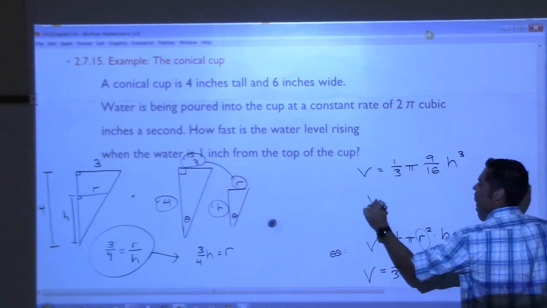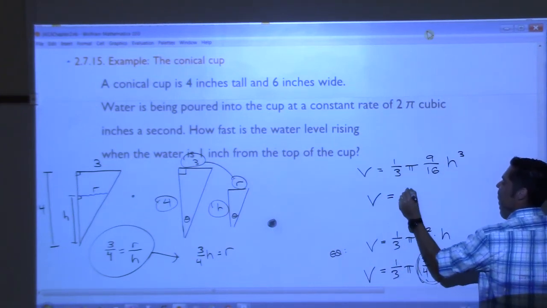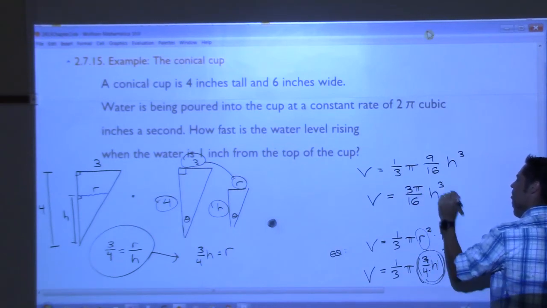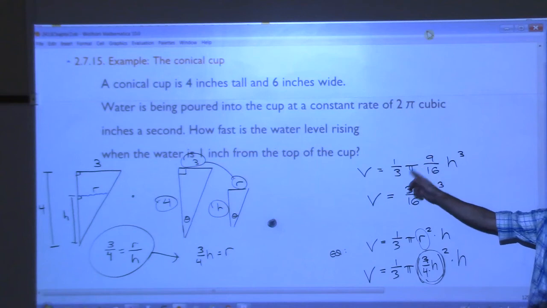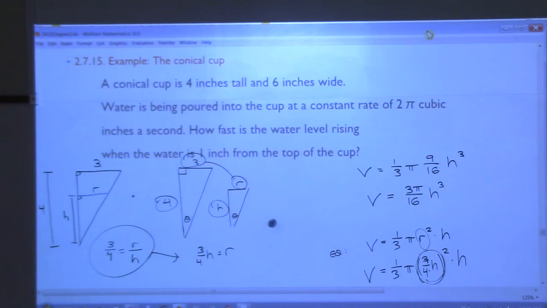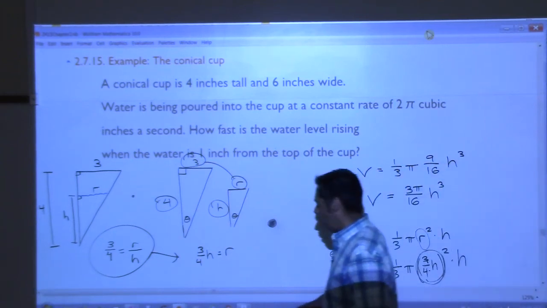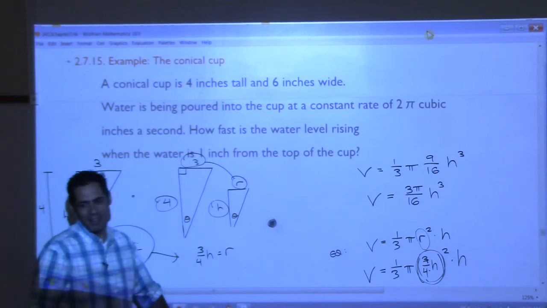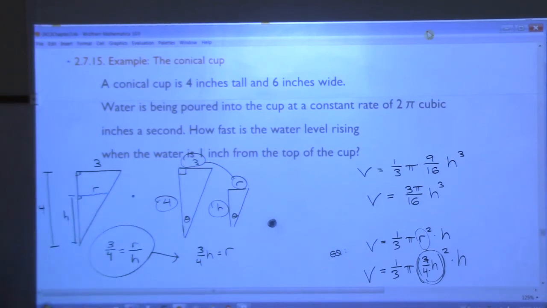And that means volume is 3 pi over 16 h cubed. So I just reduced this and moved those together and got my constant out front. There it is. Of course, for this cone, your volume is always 3/16 pi times the height cubed, right? We just figured out that formula.